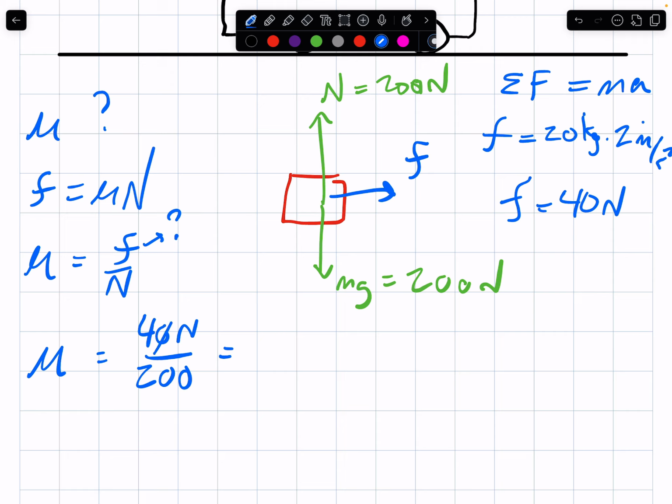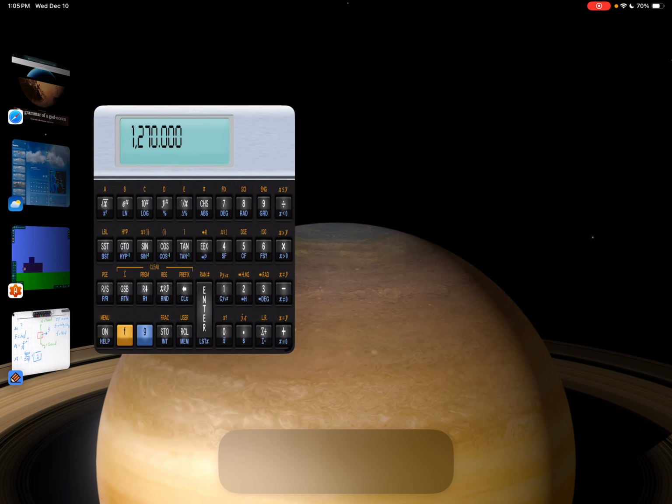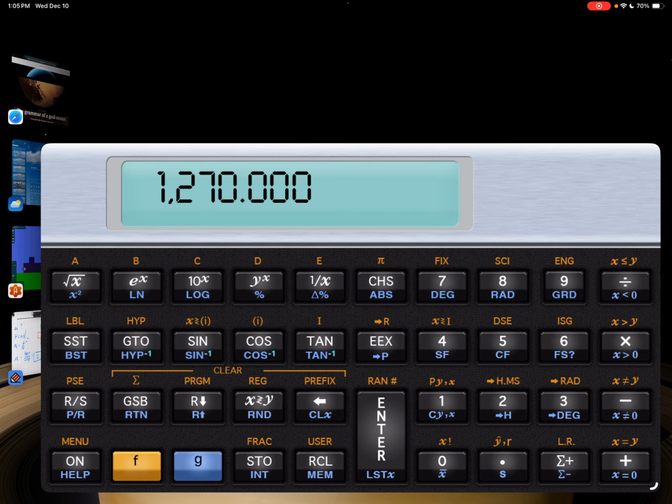Let's make sure. 4 over 20, I believe it's 0.2. 40 over 200. Duh, I should know this. Yeah, 0.2. And it's dimensionless. There are no dimensions, okay?